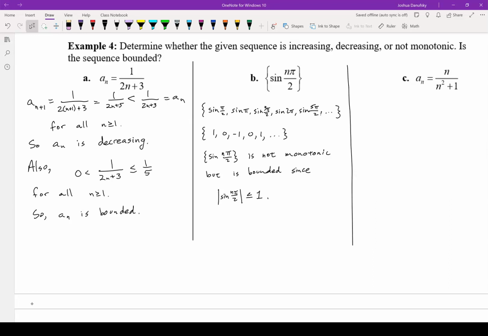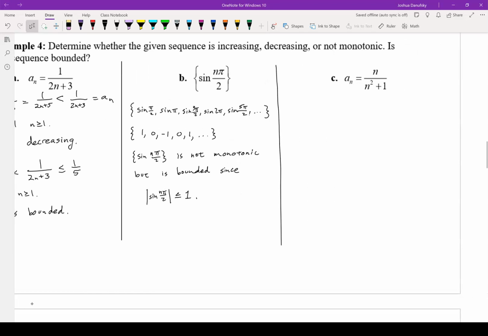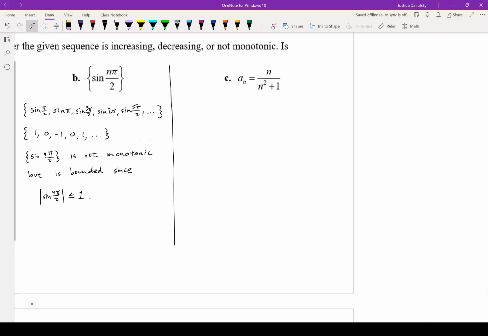Part C, a sub n equals n over n squared plus 1. With this one, let's go ahead and define f of x as the function x over x squared plus 1. Now let's look at f prime.